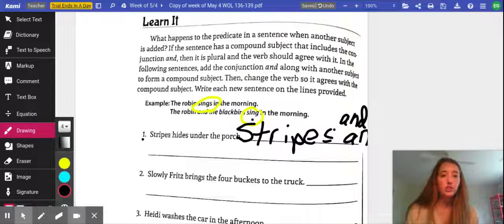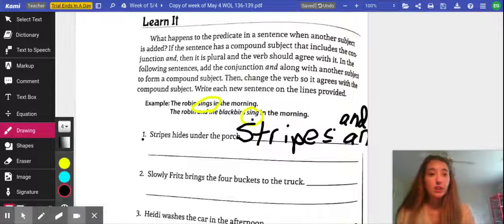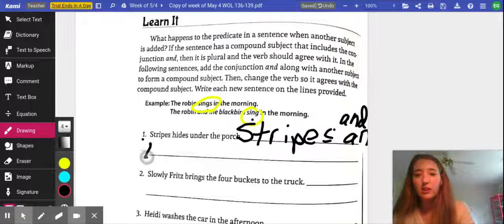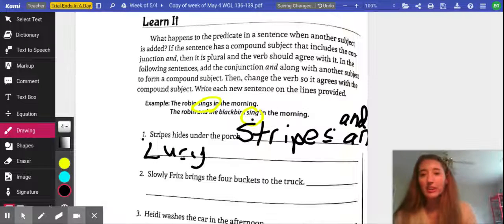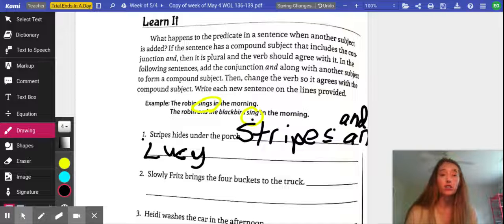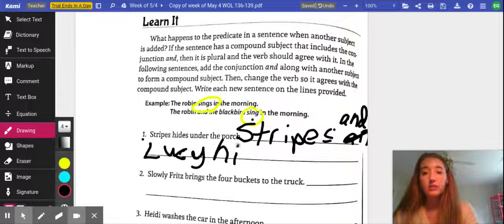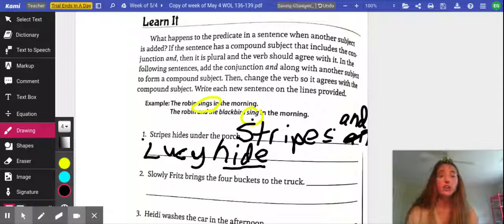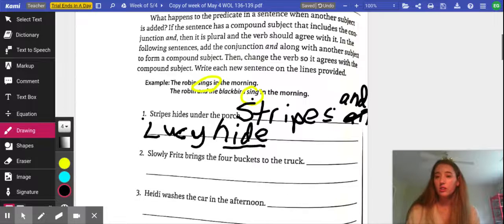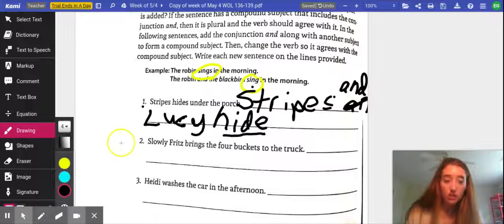Let's say stripes and, using Lucy as our other one because that is Almanzo's pig in Farmer Boy, but also Lucy's in our class. So stripes and Lucy, and now we need a new predicate verb. Instead of hides, not stripes and Lucy hides, we're going to change it to just hide. Okay, stripes and Lucy hide under the porch. Now, I'm not going to finish that one up. There's not much space for me since my writing is so big on this one.